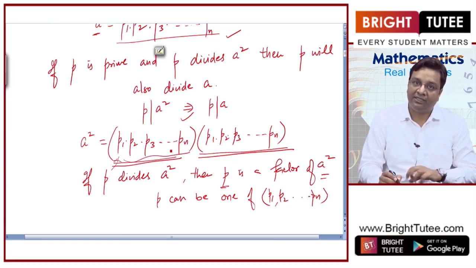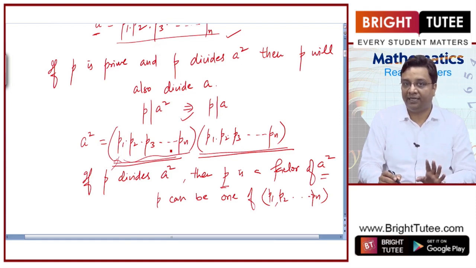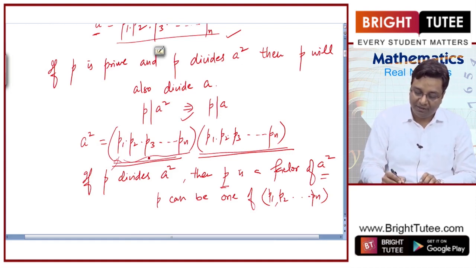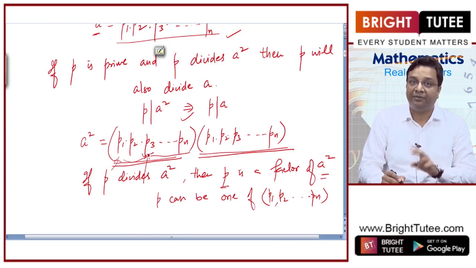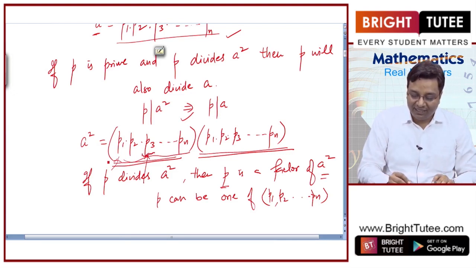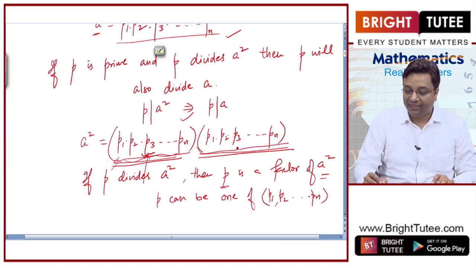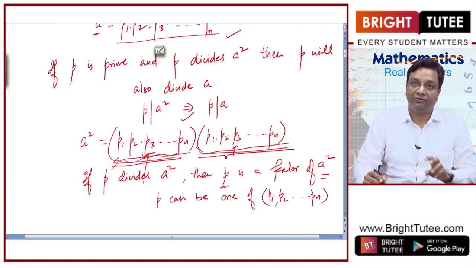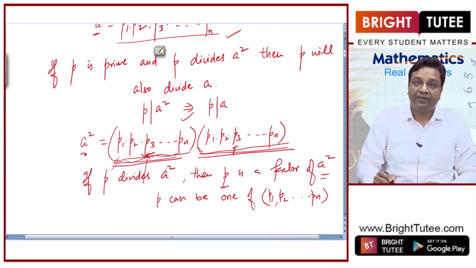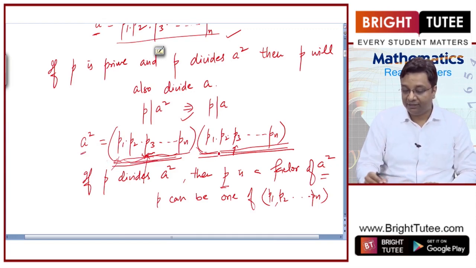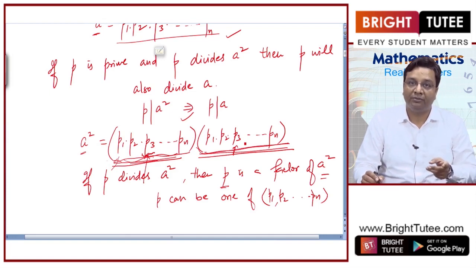Apart from these there is no other value that P can take. If the prime that we are talking about is P3, it is present twice in A square, right? For that matter, any prime that divides A square is present twice. It is present in both the brackets.